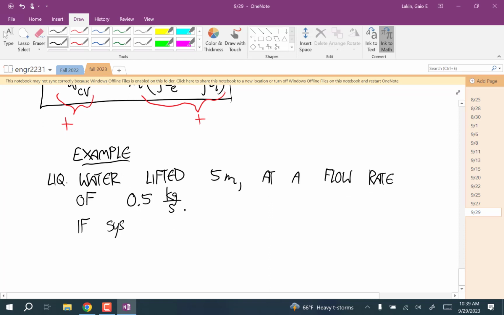If the system is in steady state, what's the power required?